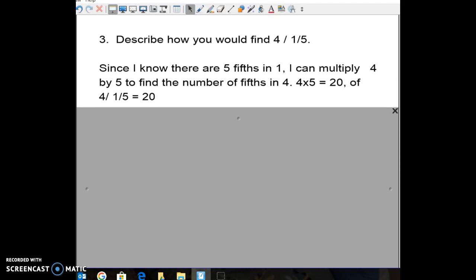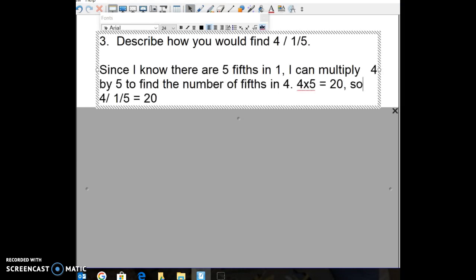So 4 times 5 is 20, so 4 divided by 1/5 equals 20.